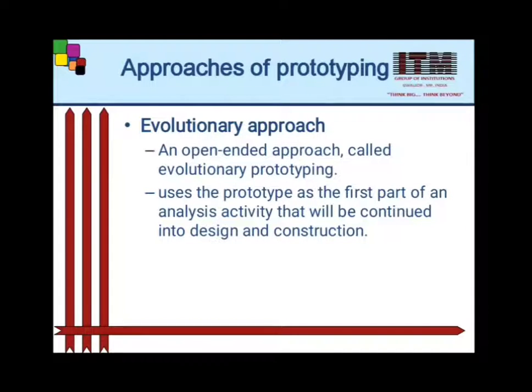These are actioned by the developer, who then presents a more refined prototype, and the user once more provides feedback. The process is repeated. Okay, we can say that the evolutionary approach of prototyping is built in such a way that it can be used in the construction phase.